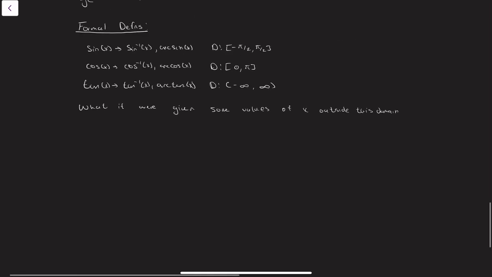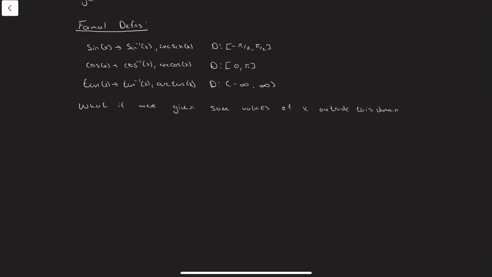And before then, what if we're given some values of x outside this domain? So let's say we're trying to find sine of x, and x is not within negative pi over 2 and pi over 2.